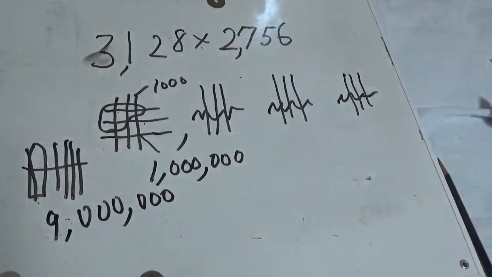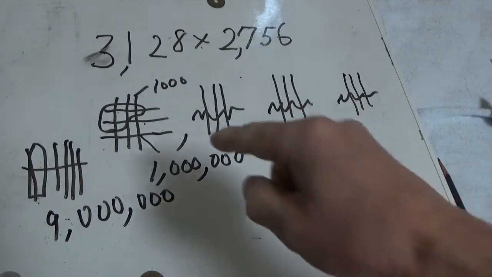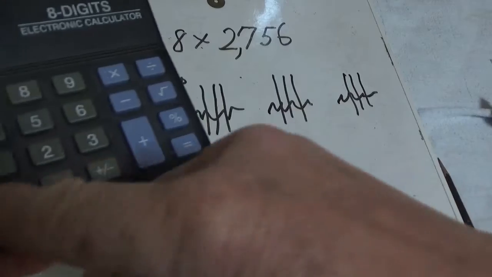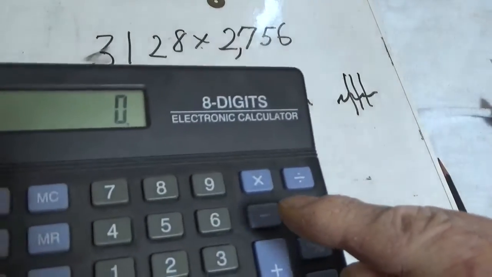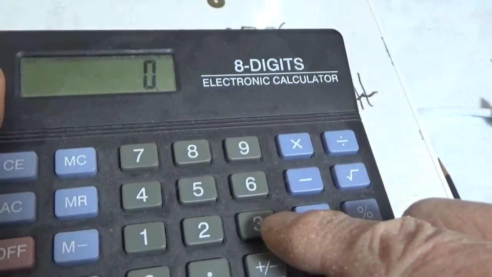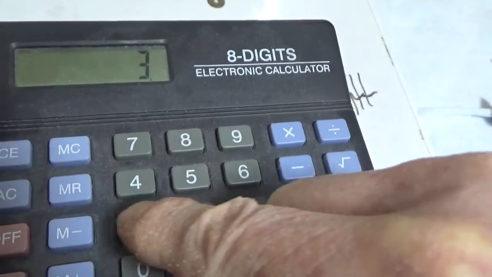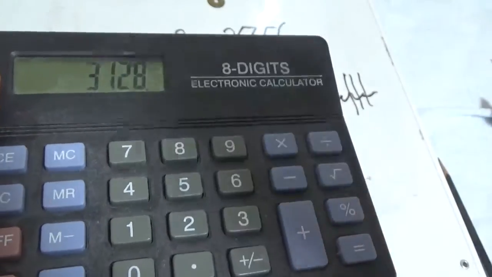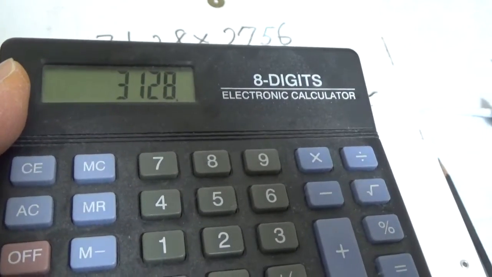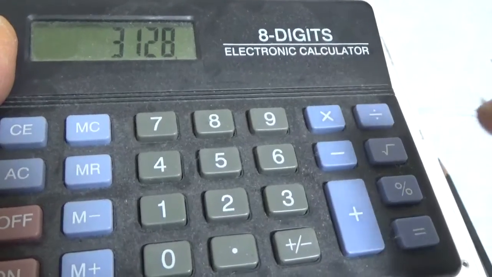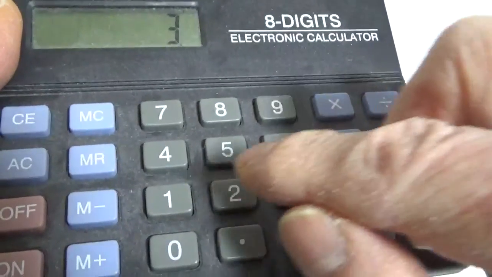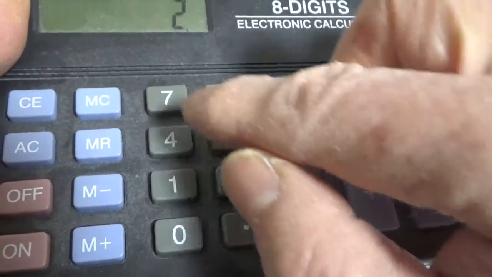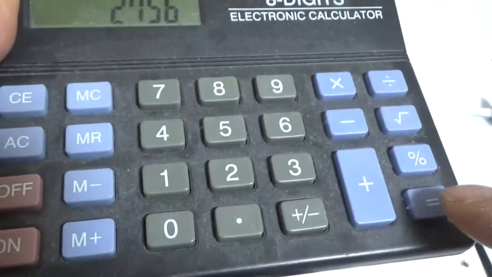Let's calculate by calculator. We have already estimated it is approximately 9 million, and we calculate. 3,128, wait a minute. 3,128 multiplied by 2,756.